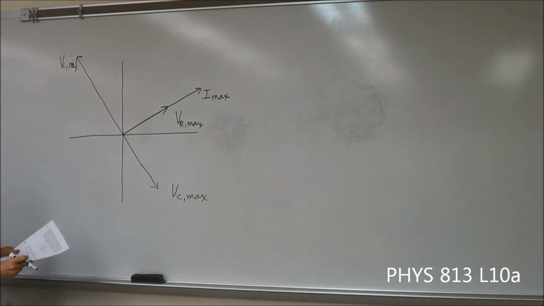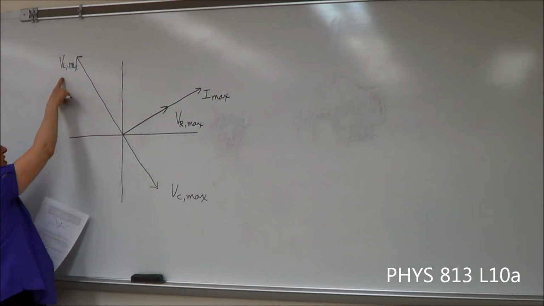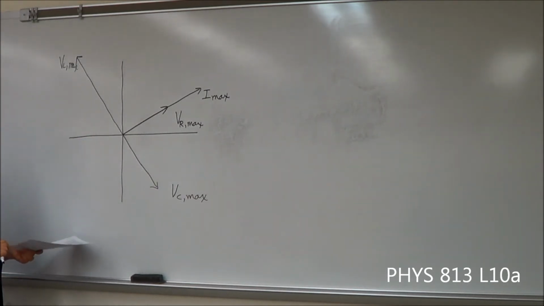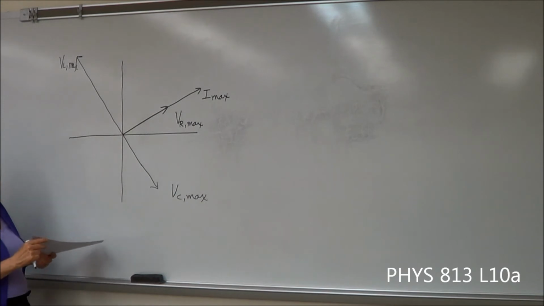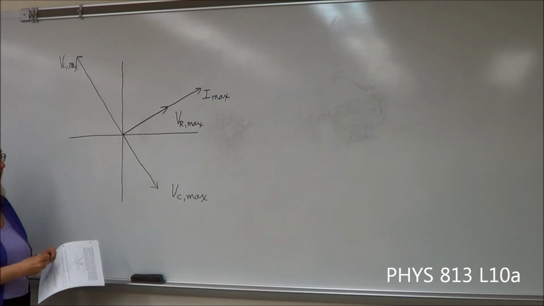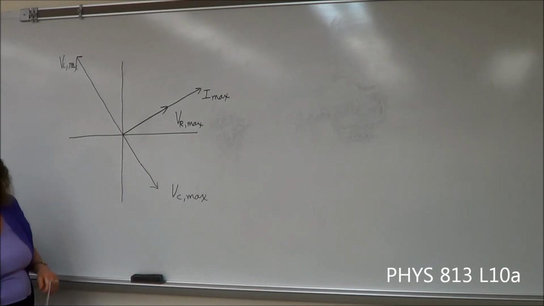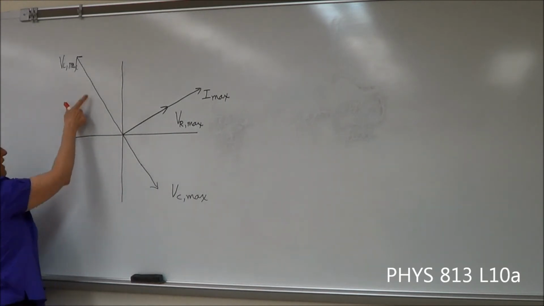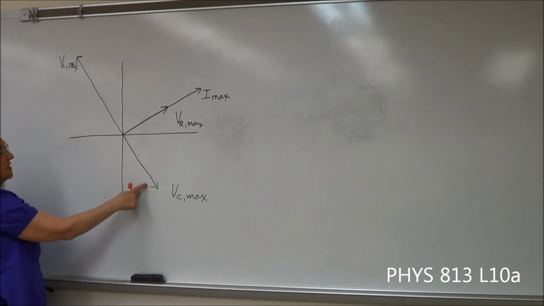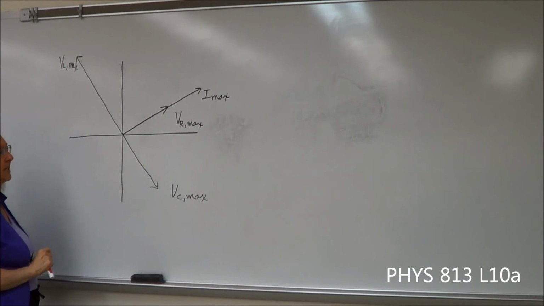Okay. Now, we have three vectors that we're interested in, VR, VC, and VL. And usually if you have vectors, what you want to do is vector addition. There are some complicated ways, and then there are some simpler ways. We're going to choose a simpler way, and we'll see why. Okay, so if we have VL in this direction and VC in this direction, remember you add vectors head to tail.